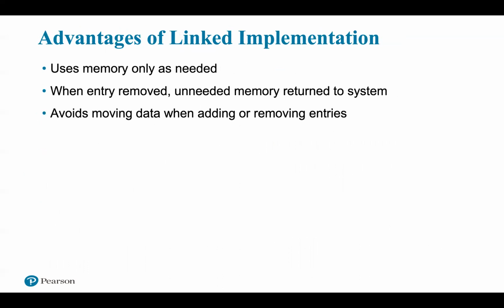So what are the advantages of linked implementations? It uses memory as needed. When an entry is removed, unneeded memory is returned, and it avoids moving data when adding or removing entries. Using an array to implement the ADT has both advantages and disadvantages, as we saw before. An array can either have a fixed size or be moved to a larger array when it becomes full.